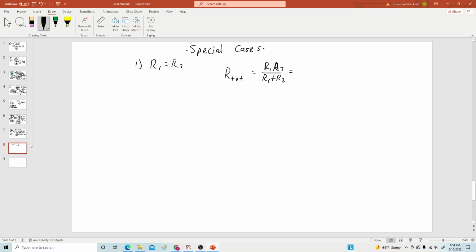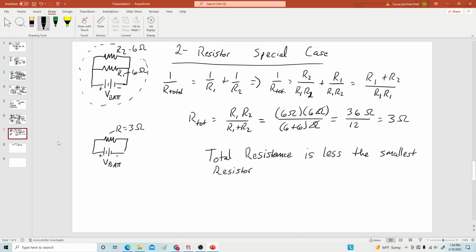And if they're equal, then I can drop my subscripts, and this is just the same thing as R times R, which is R squared, over 2R. And one of the R's up top cancels with the R there, and my resistance is cut in half. When you have equivalent resistors, your total resistance that the battery experiences is just half of that value. And that's what we saw here. When I had 6 and 6, the total resistance was just 3.